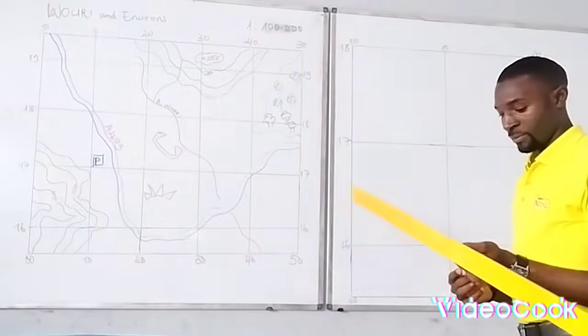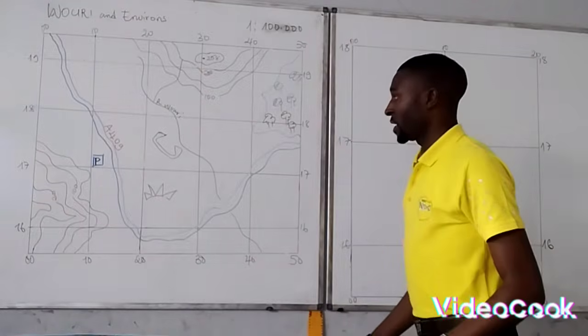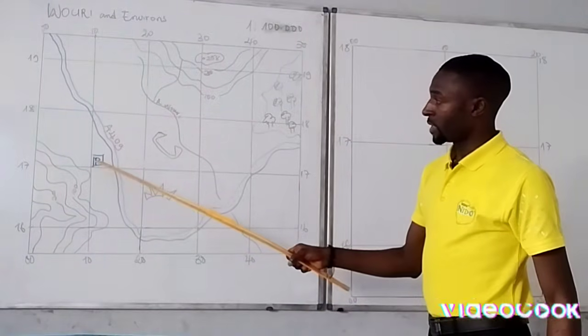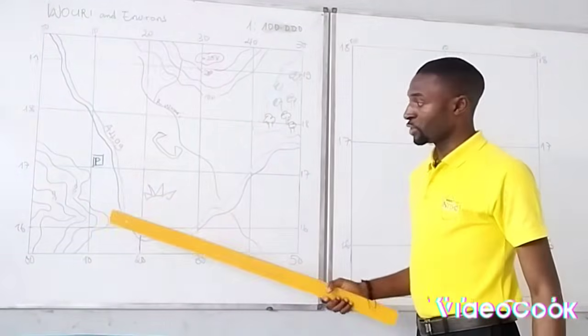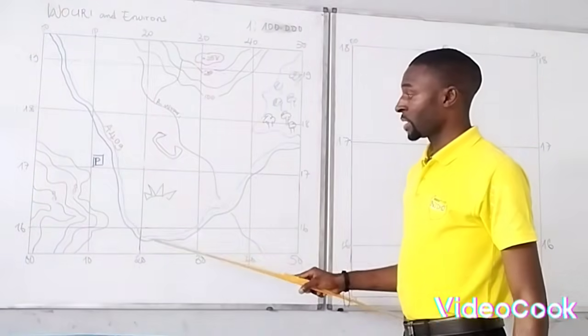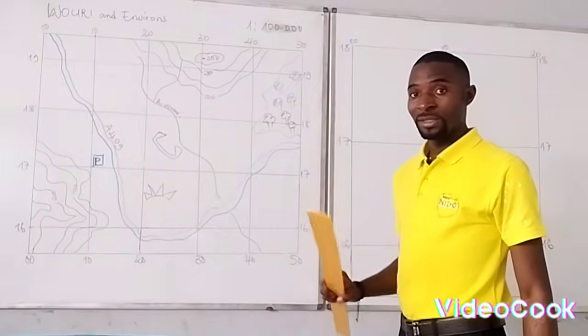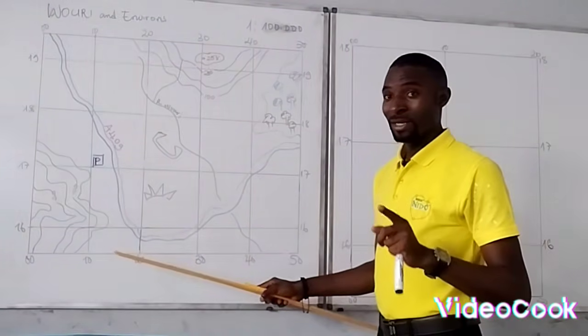Now, what is left for me to do? Insert the features that may be required. For instance, we have been asked to insert the parking, which is P. I'm going to look at which grid square the parking is found in, what is the grid reference of the parking. We always read eastings before northings, so you see that we read increasingly and not decreasingly.